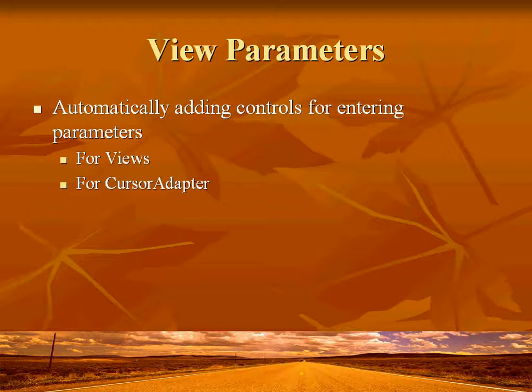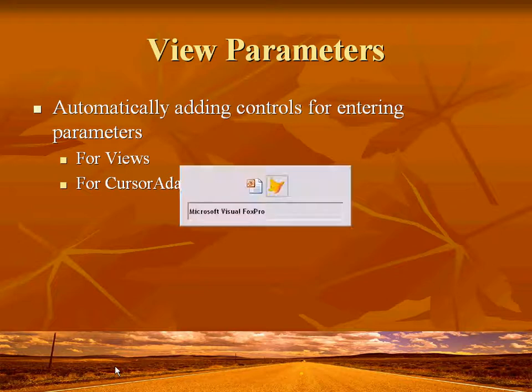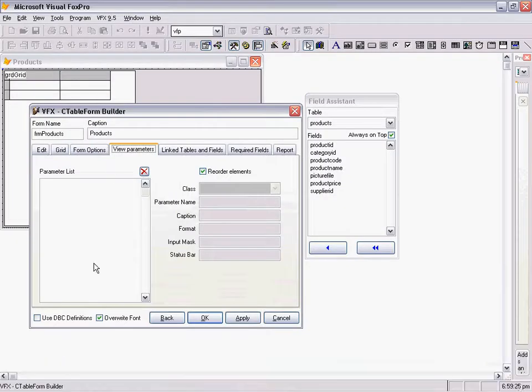On this page you can define what controls should be added to the form for entering parameters. This is useful when you work with parameterized views or cursor adapters that are using parameters. You can place in the form elements for every one parameter that is used, and user will be able to give values for these parameters.